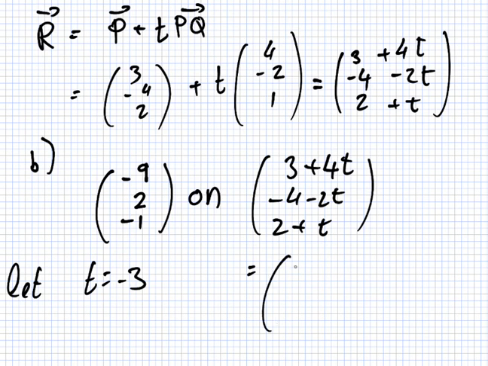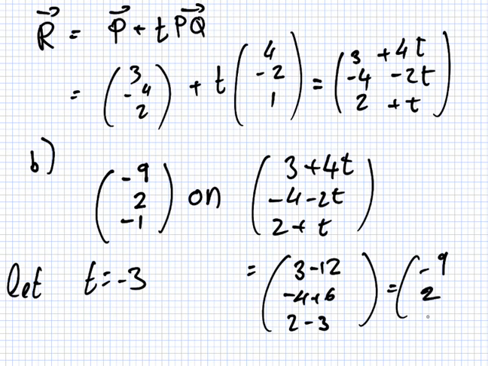So this would be 3 minus 12, minus 4 plus 6, 2 minus 3, which is minus 9, 2, and then minus 1, which, yes, it is the point OR. So therefore, OR is on the line. So far we only have 4 marks.